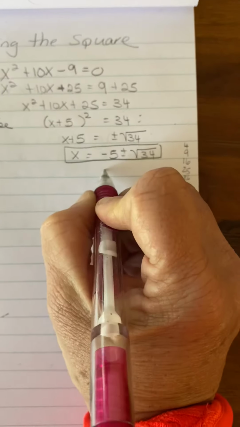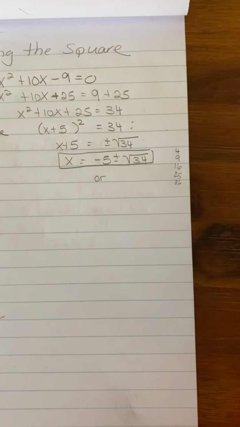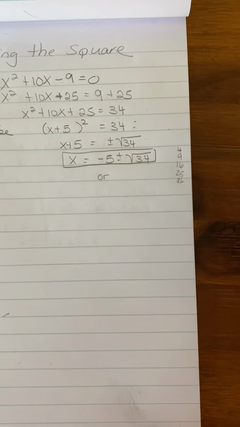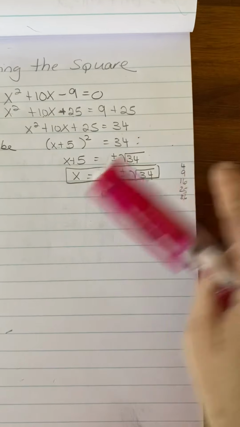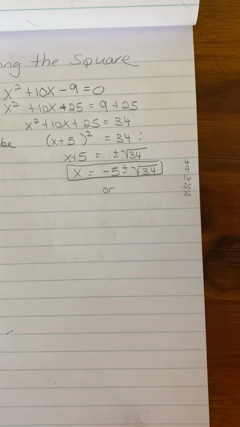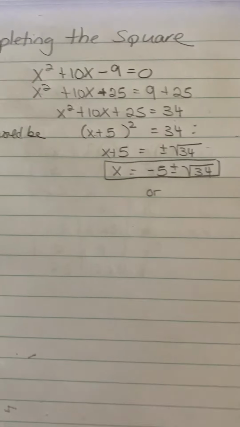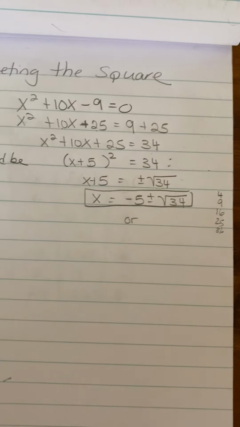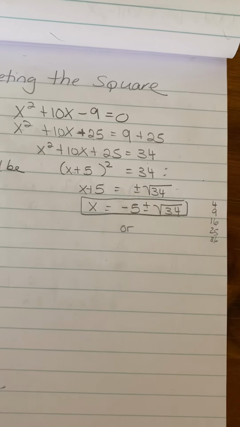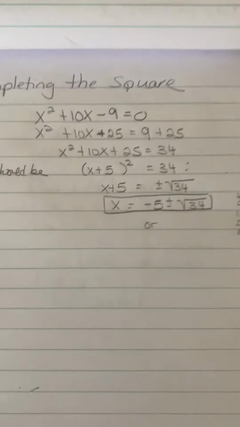Now, if I wanted it in decimal form, like the test that I'm making, I know I can't put radicals in my answers for some reason. The program won't let me. So I'm going to go ahead and just turn radical 34 into a decimal, which is 5.8.